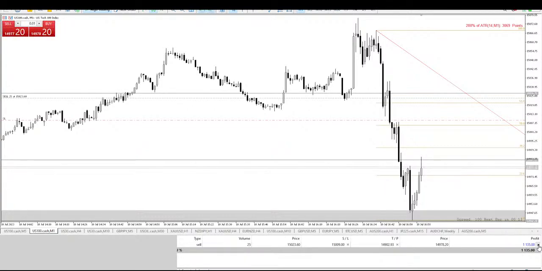So I just have my finger on the button to close this trade if it does start rallying up.